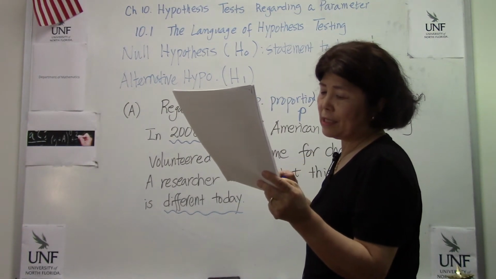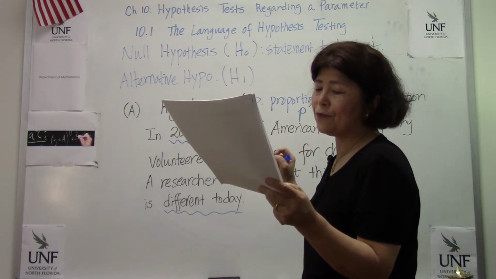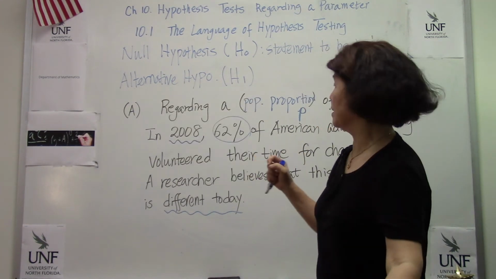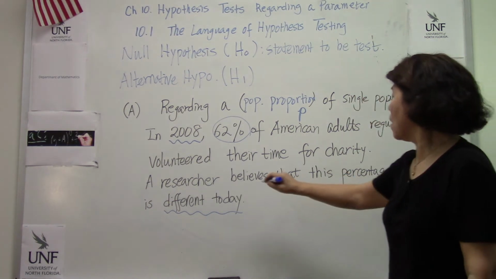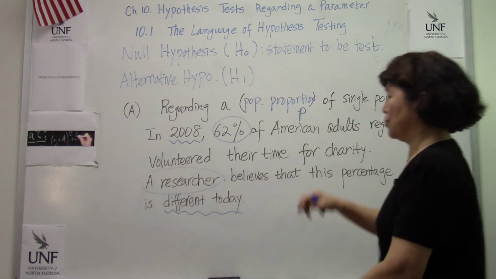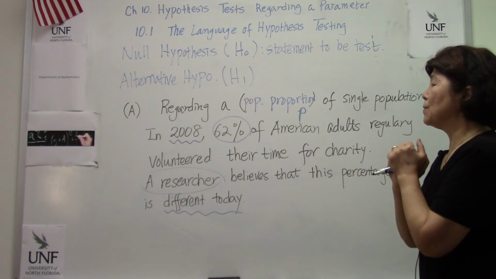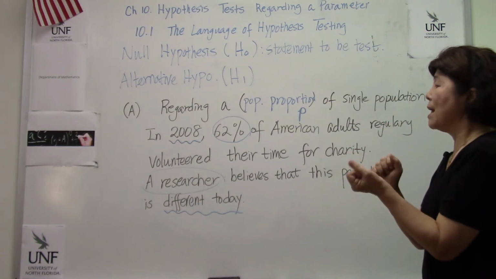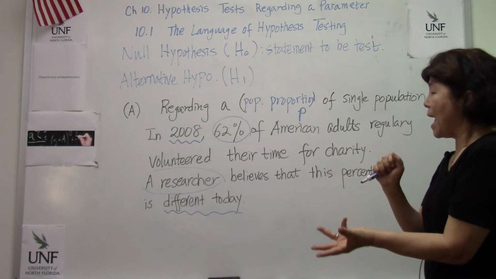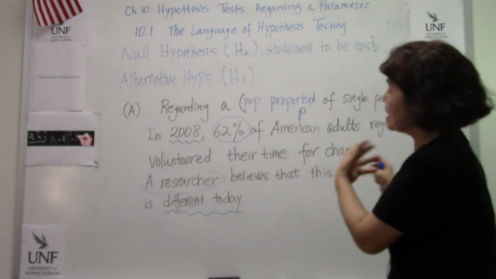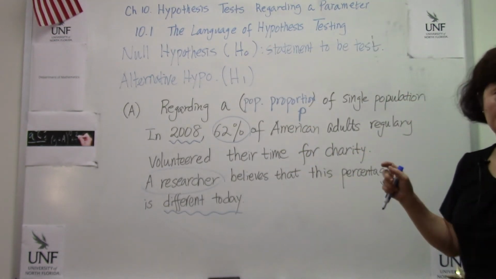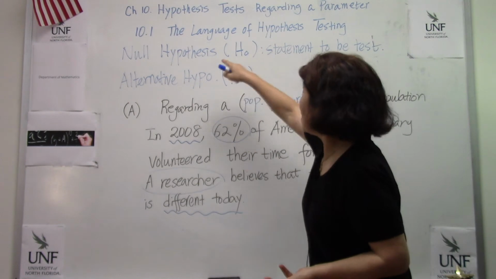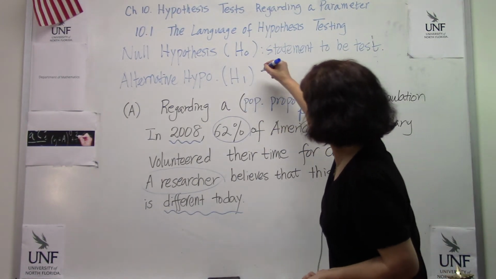This is the statement that we are trying to find the evidence to support. Okay. So in other words, put yourself in the researcher's shoes. The researcher is going to take a sample, gather information, and support his or her claim. That one is called the alternative hypothesis.